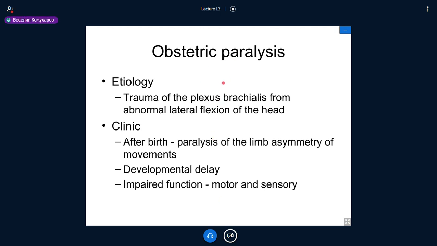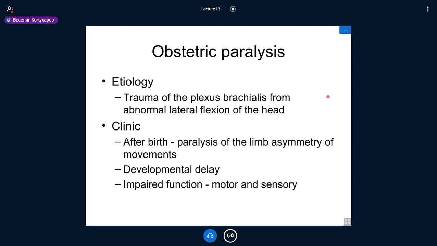Okay, at the time of birth, if there is a trauma of the plexus brachialis from abnormal lateral flexion of the head, it is possible to develop, to start obstetrical paralysis. Actually, it happens sometimes when there is a breech and in the course of the delivery, first comes the body of the baby, and then comes the head.